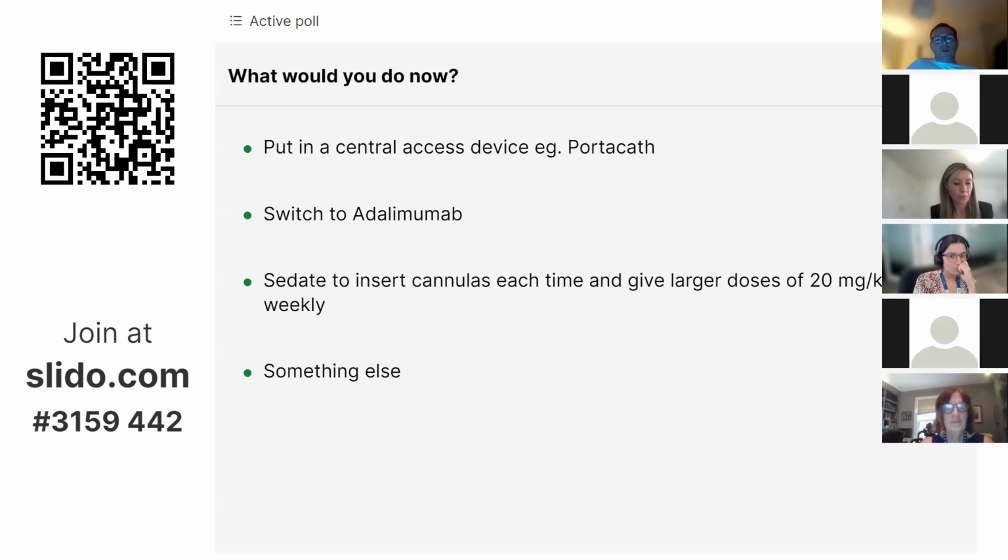Would you switch him over to adalimumab, knowing that he will have a degree of needle phobia, but maybe you could get round that? Should we sedate him every 2 months and give him cannulas in bigger doses of infliximab, or do you want to do something else? So there's your dilemma. Real case, remember, real case.